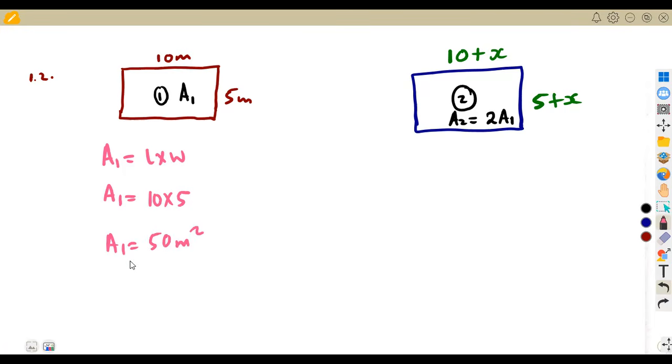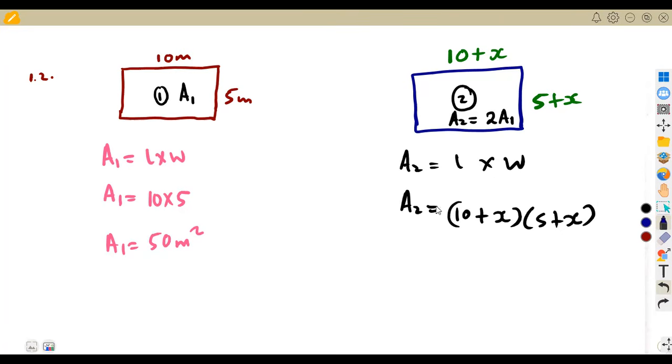Area 2 is the length times the width, just like the previous case, whereby the length is now increased by x, so it's 10 plus x, and the width is increased by x also, so it's 5 plus x.